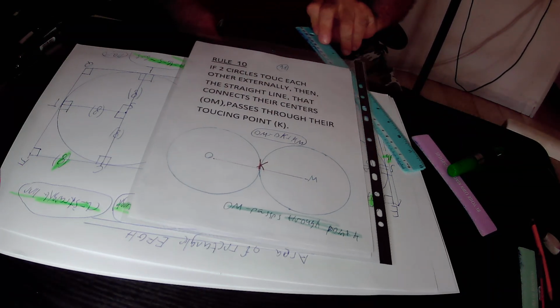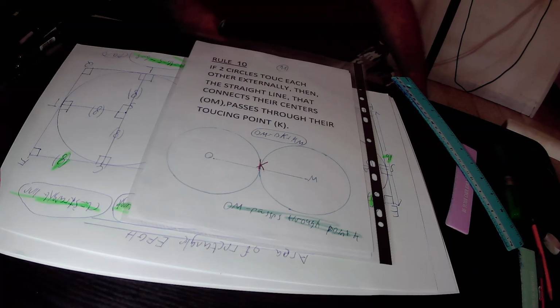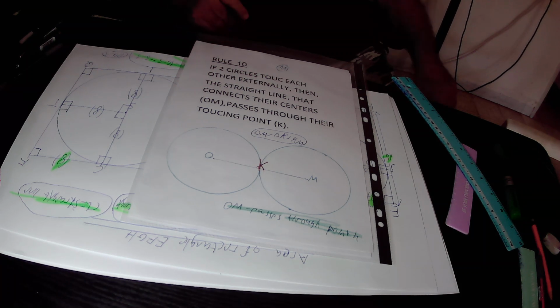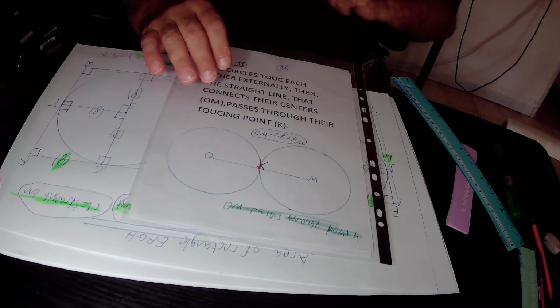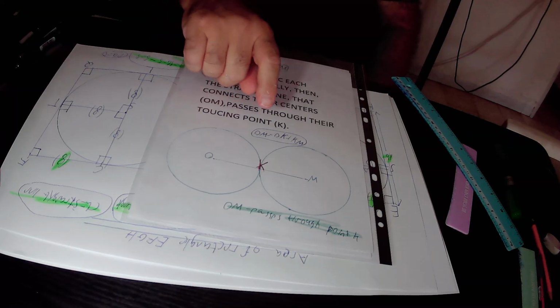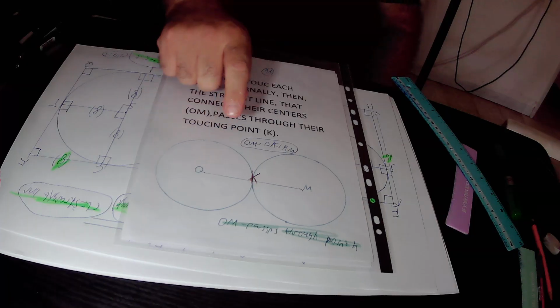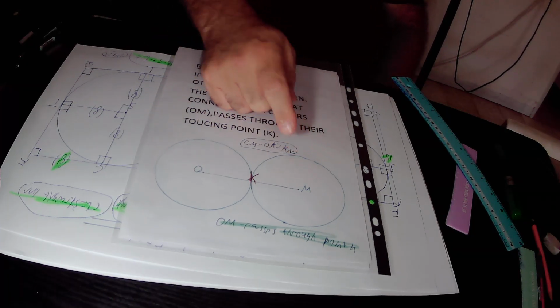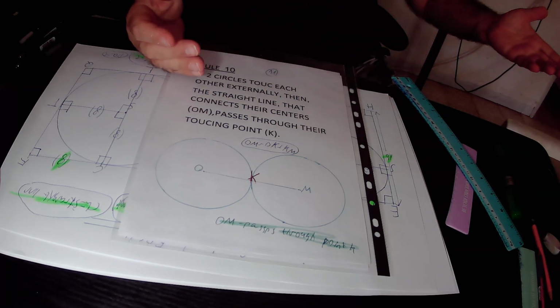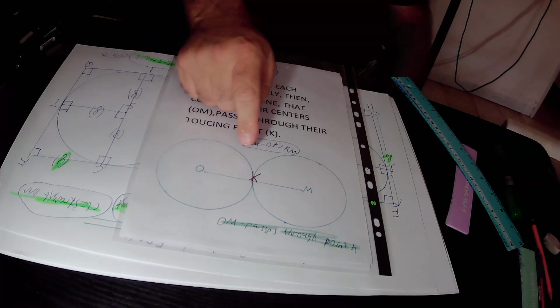According to rule 10, if two circles touch each other externally, then the straight line that connects their centers passes through their touching point. In the drawing we have two circles that touch each other externally at point K. The center of this circle is at point O, the center of this circle is at point M, and the straight line that connects the centers is of course the straight line OM.